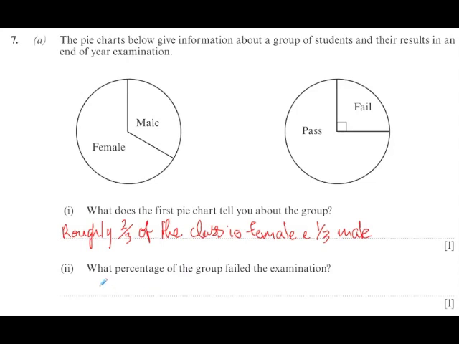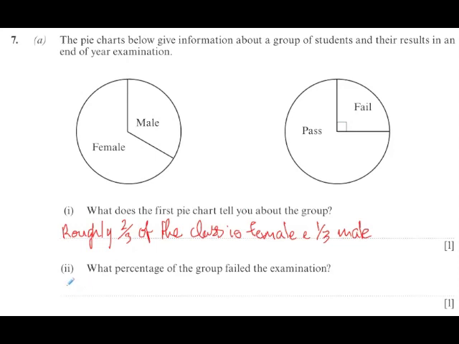For the second question, it says what percentage of the group failed the examination. Well, here this symbol represents a right angle, 90 degrees basically, and we know there are 360 degrees in a whole circle, so 90 degrees represents a quarter.